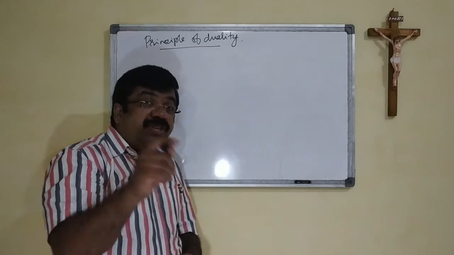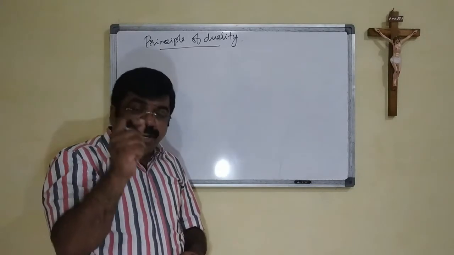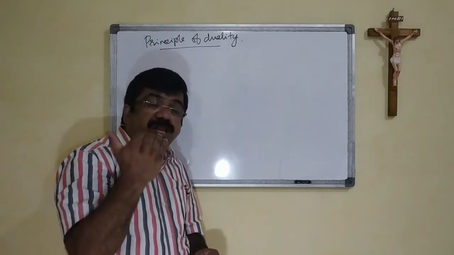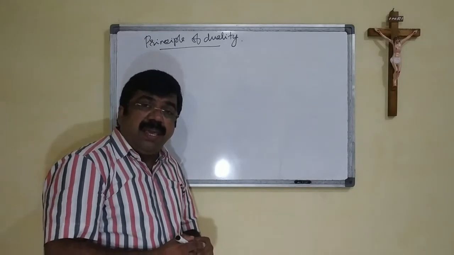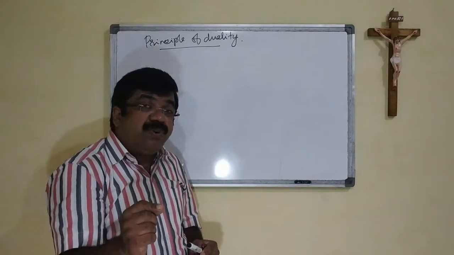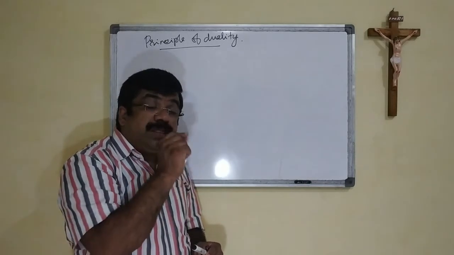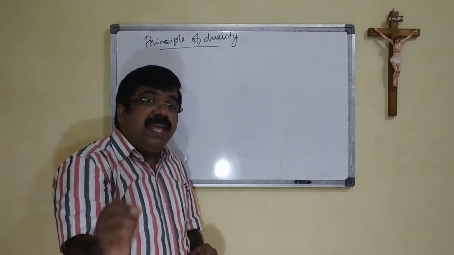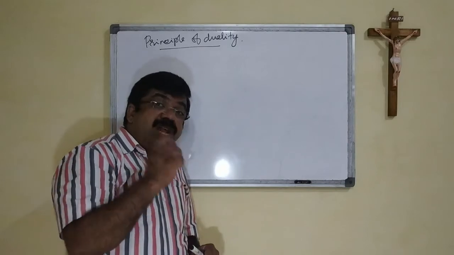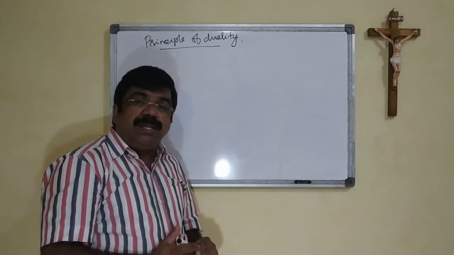In simple way, if I say starting with one Boolean relation, another Boolean relation can be derived by changing every OR to AND. What does it mean? Every OR, the plus symbol, should be made as multiplication symbol, and every AND should be made as OR.